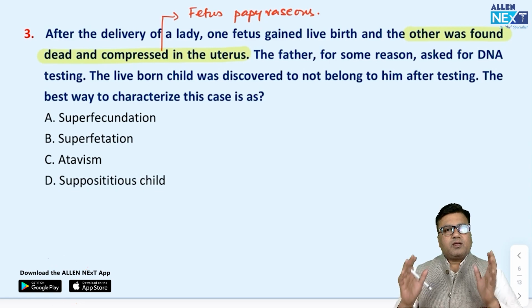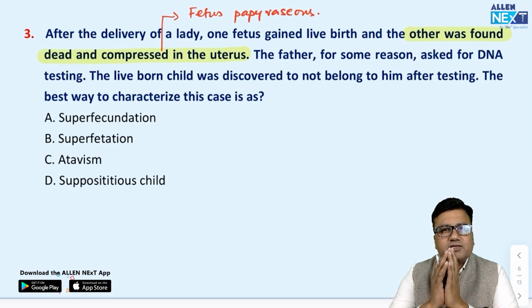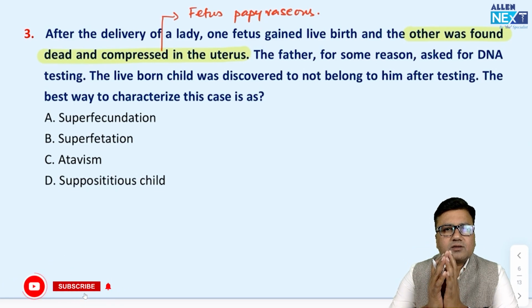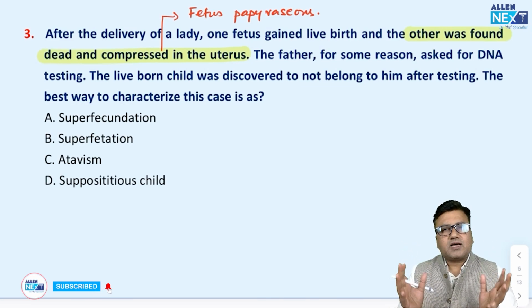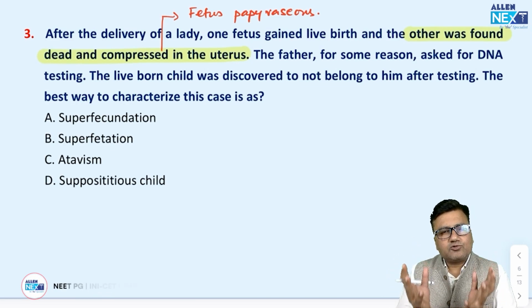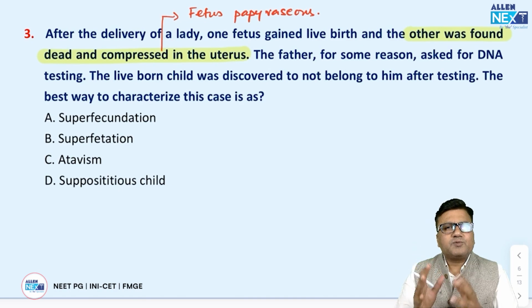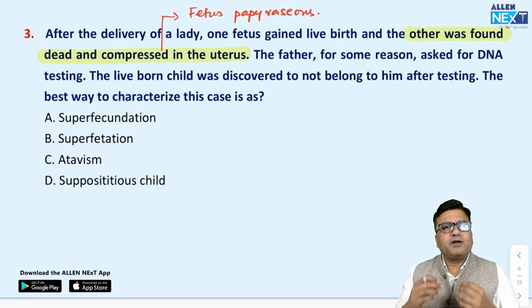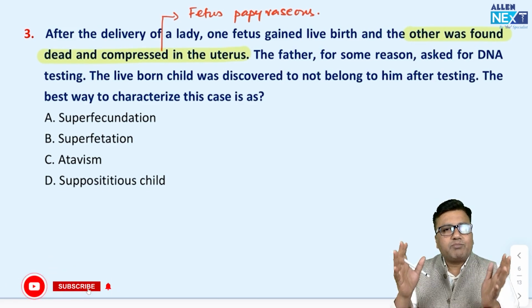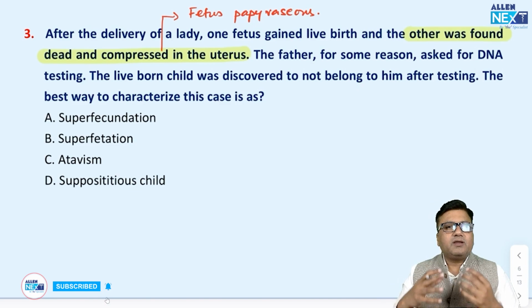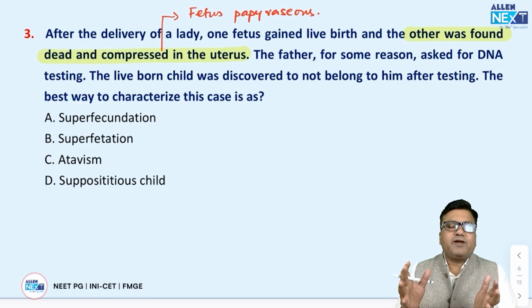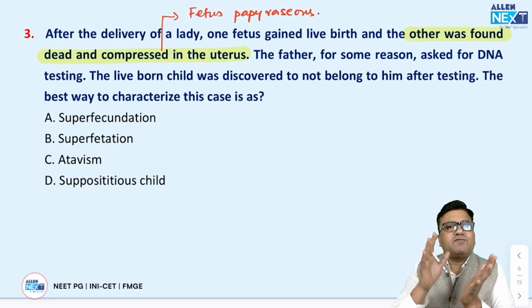right? This fetus papyraceus happens when two fetuses are growing in the utero, but one fetus which has a deficient or defective blood supply is overgrown by the other fetus, and because of the compressive effect of the growing fetus, the other fetus dies and is flattened.